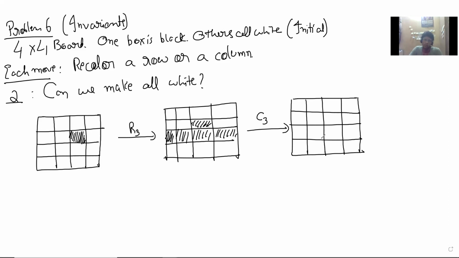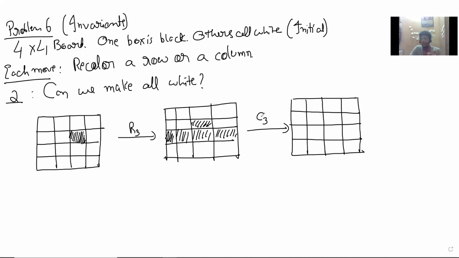And what's the next? That is what the move is. In every move, you can recolor a row or recolor a column. Is it clear? So you can choose your row and your column and do that.